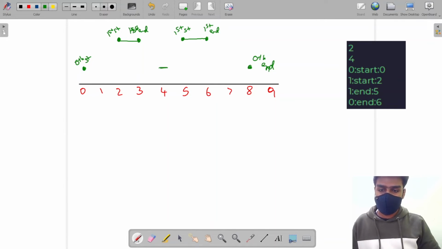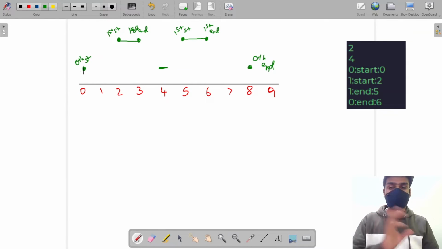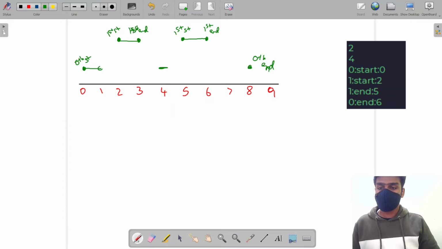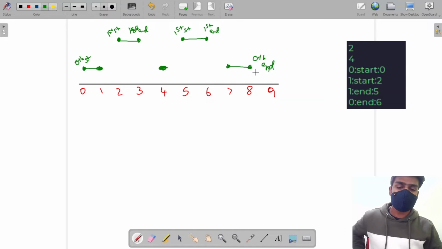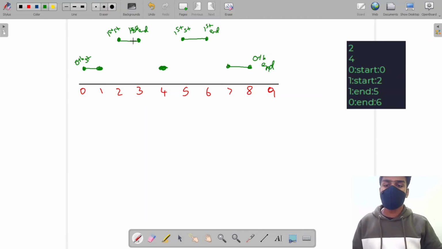So this space is used by 0 only. So where my 0 executed, 0 is executed from here to here, at the fourth position, at 7 and 8. So 0 is utilized only at these times, and other than that 1 is executed.